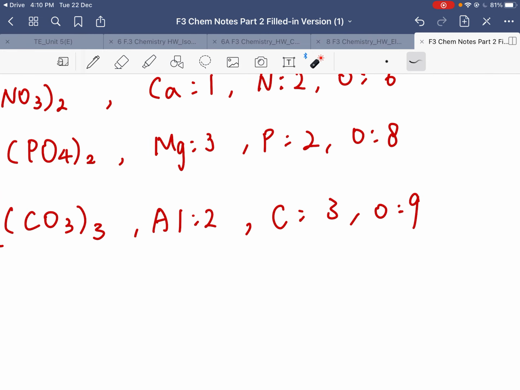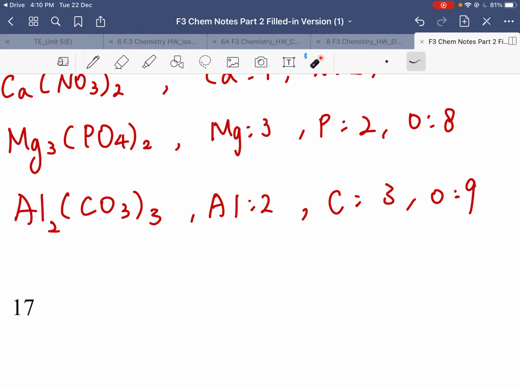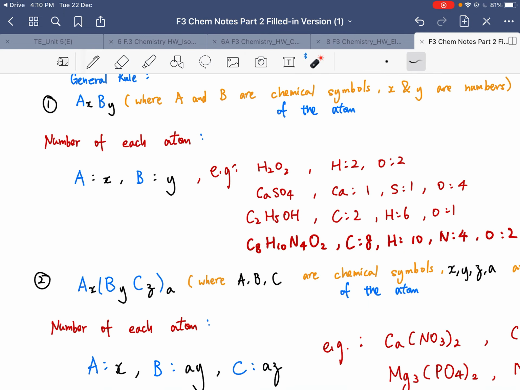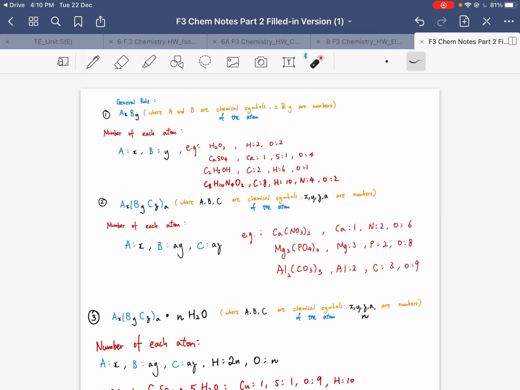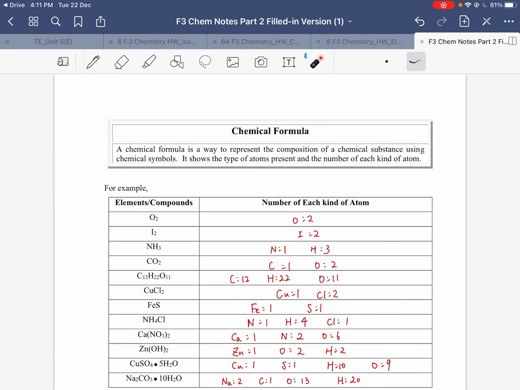That will give you 2 aluminium, 3 carbon, and 9 oxygen. That will equal 14 atoms. So that's how you calculate. For more difficult cases, guys, I think you can read the notes here again. I don't want to repeat because otherwise it will be too long.